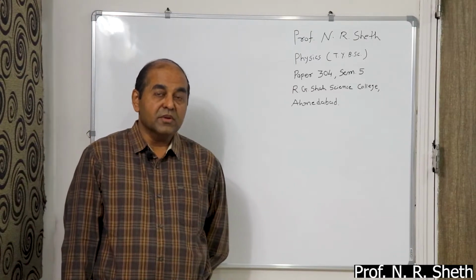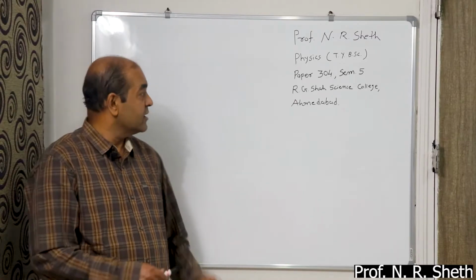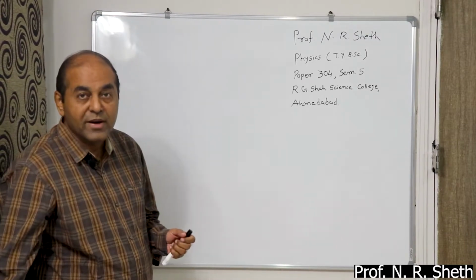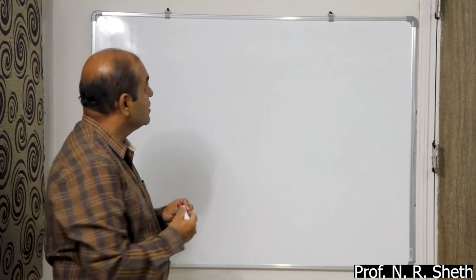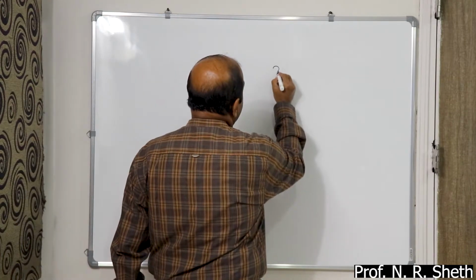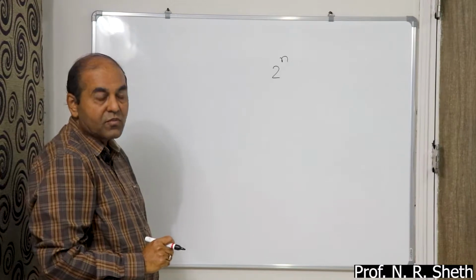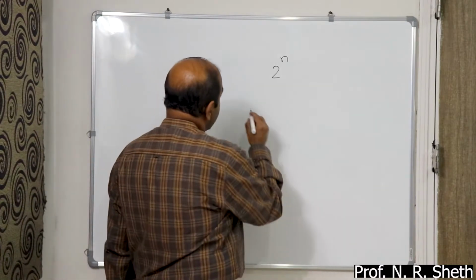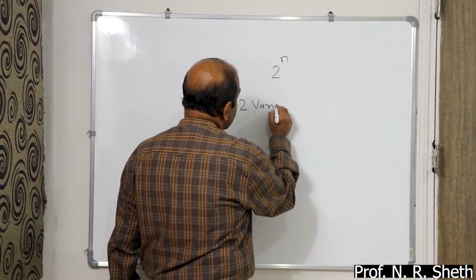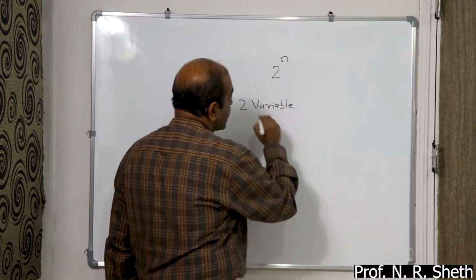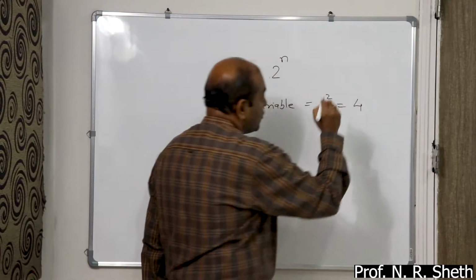But for 3 variables, how many cases are there? That is decided by one mathematical formula, 2 raised to n, where n is the number of variables. Suppose we have a 2 variable circuit, then 2 raised to 2 means 4 cases.